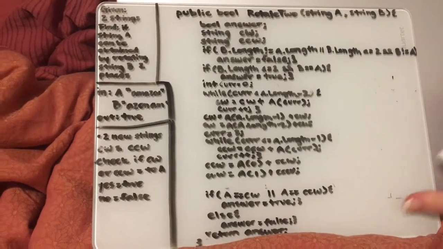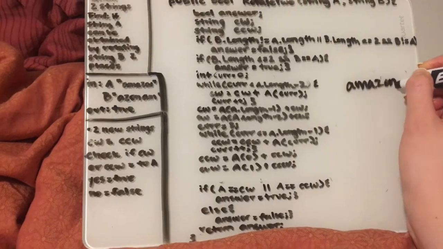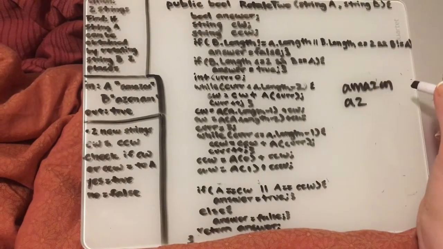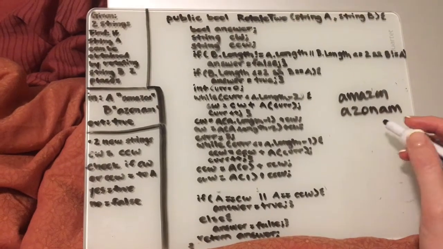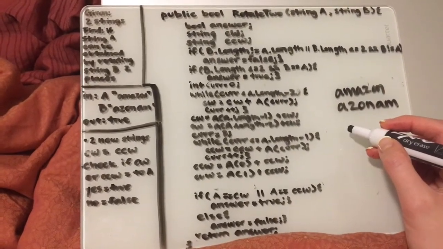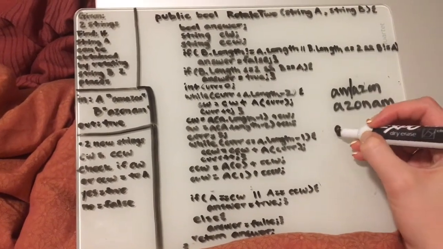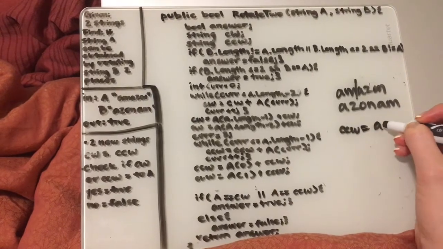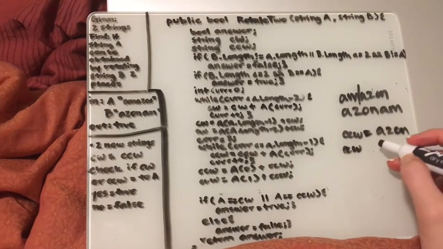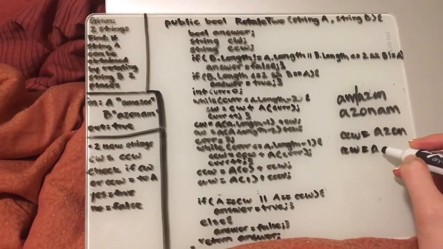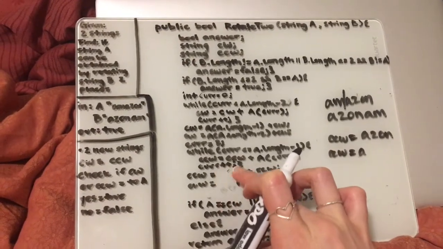Now for our counterclockwise, if we take Amazon, we want to get to ZONAM. So we're setting the current equal to 2, so we're going to start here. And CCW will then equal AZON. Oh wait, this should be at the end.